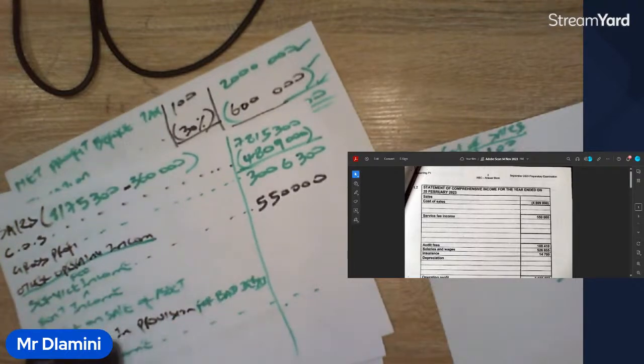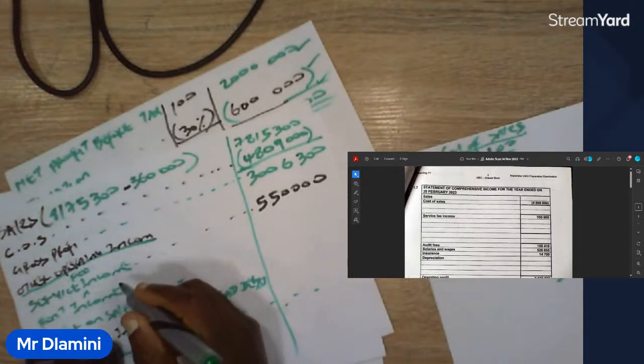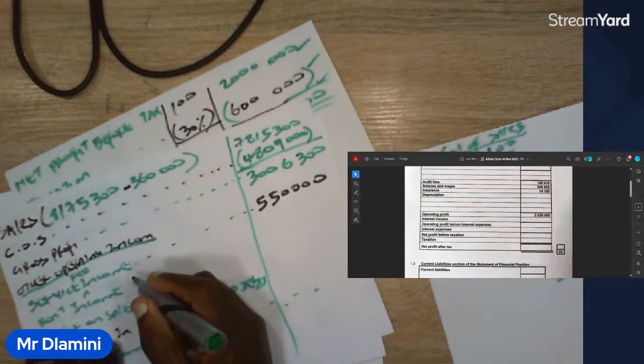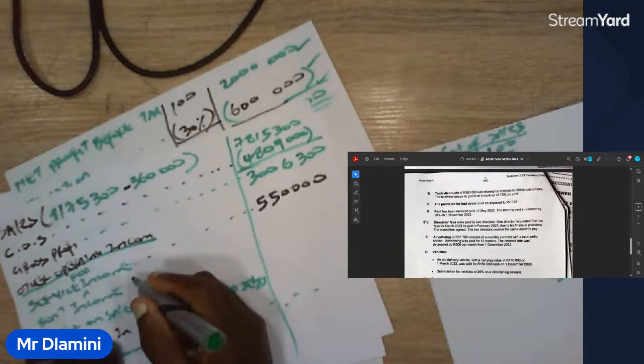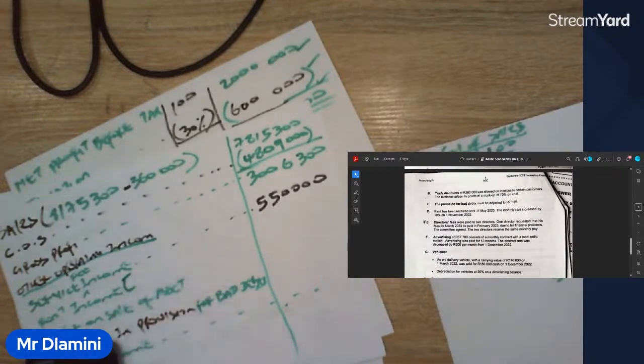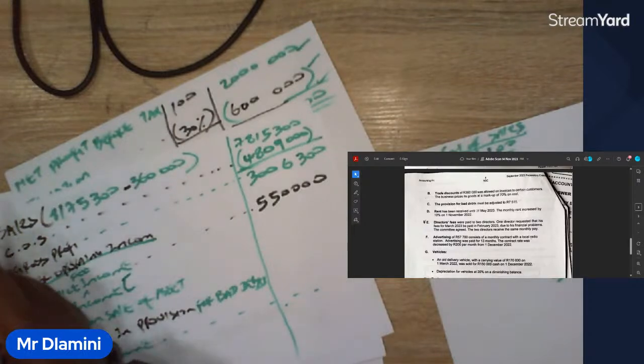Let's check what is the opening of the rent income. There on the adjustment. Okay, let's go to the question paper now. Adjustment D: the rent has been received until 31st of May 2023, the monthly rent increased by 10% on 1st of November. So you do the workings here, the opening balance of rent. Let's go to the opening balance, page 3. Let's check what rent here.